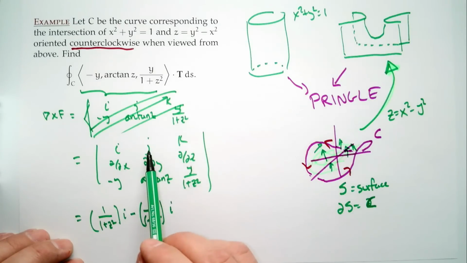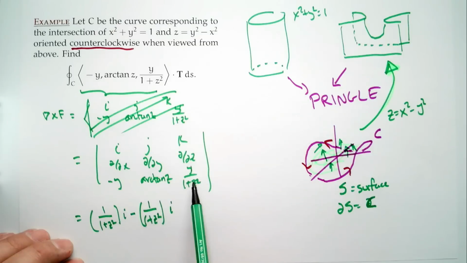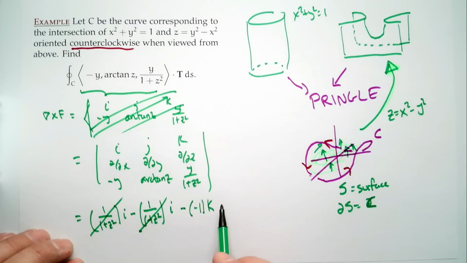Nice. j, partial x of y over 1 plus z squared: there is no x. 0. k, partial y of negative y, that's negative 1, but I'm subtracting it, so subtract negative 1 k. Those cancel. So you end up with the curl of F is k. That's beautiful. It's almost like they wanted that to happen, because they did.